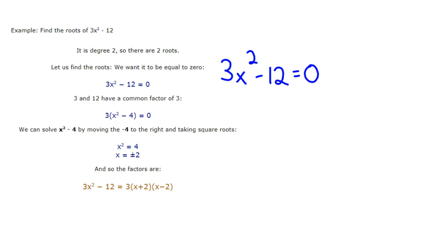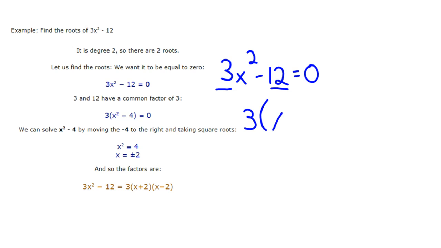Again, you could go through and solve this like we solved the last one, where you're adding 12, dividing by 3, and taking the square root. Instead, this time we're going to find a common factor. We're going to talk about factoring. Both of these have a factor of 3. So we're going to factor out a 3.